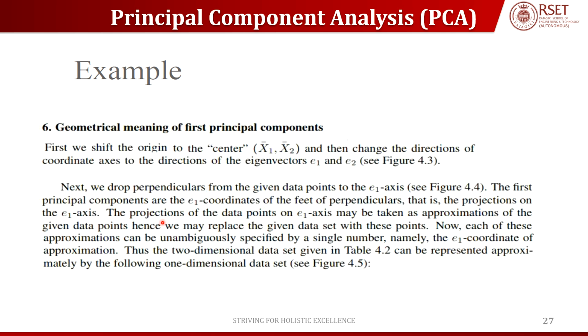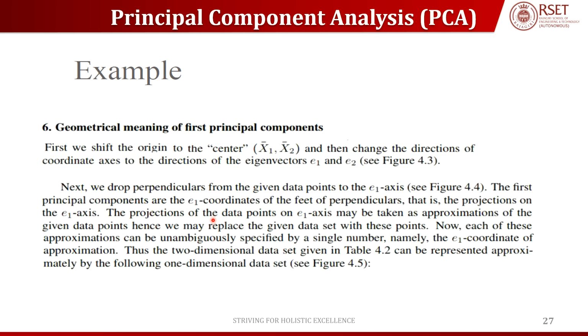The crucial final step in PCA is to determine how much information we actually kept. We do this by calculating the percentage of variance explained by our chosen component E1. The total variance in our original 2D data is the sum of the two eigenvalues, lambda 1 plus lambda 2. So the total variance is just the sum of the values of lambda 1 and lambda 2.